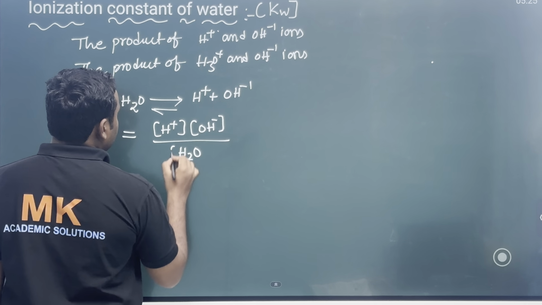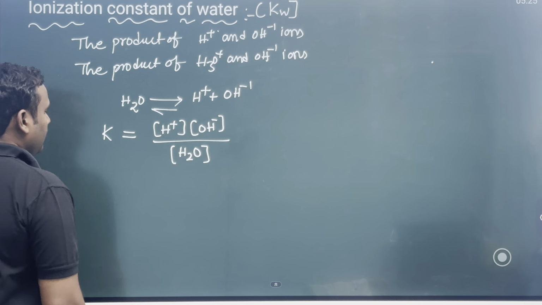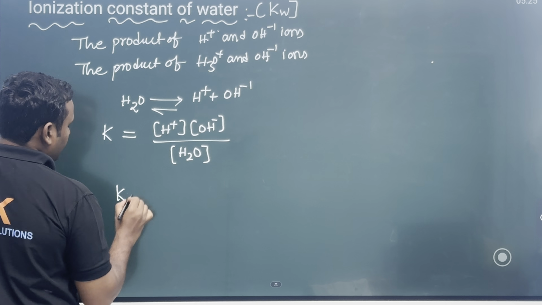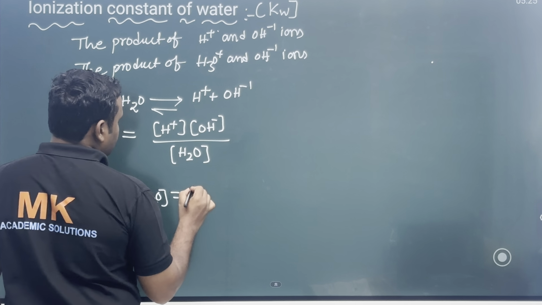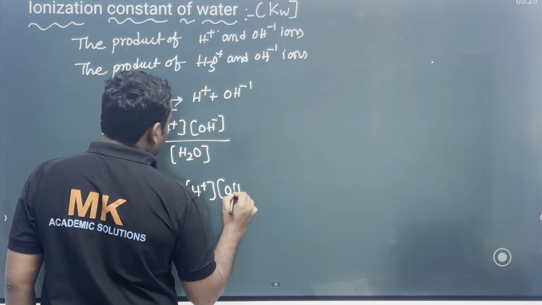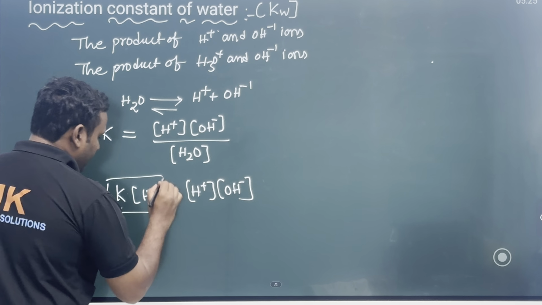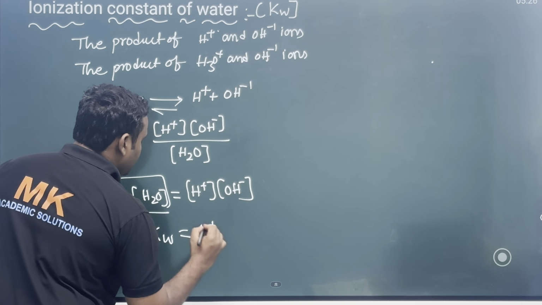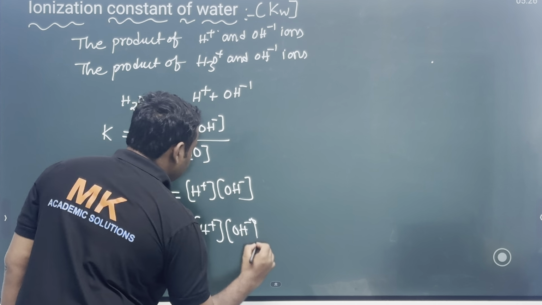Now send this H2O to the other side: K into H2O is equal to H plus ion concentration into OH minus ion concentration. This total term we write as Kw. Kw is equal to H plus ion concentration into OH minus ion concentration.